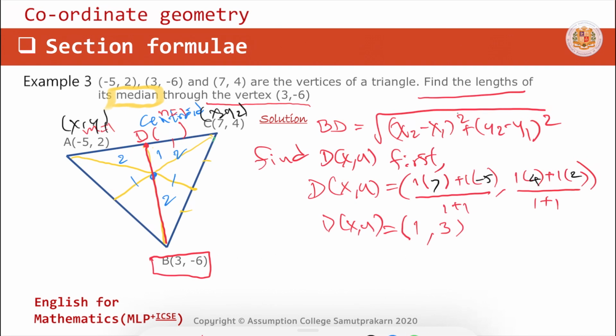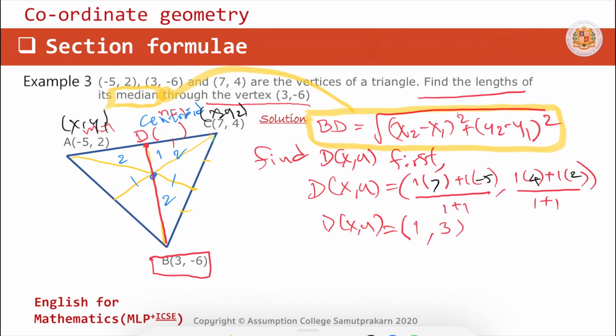Since we know D already, now we are looking for the length BD, the length of the median to the point (3, -6).